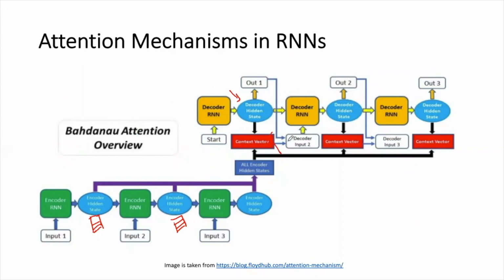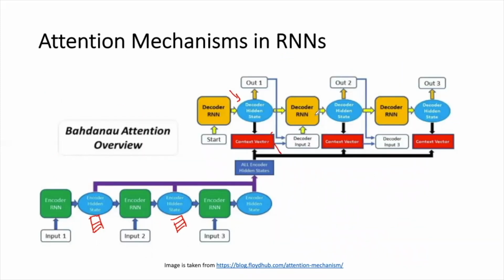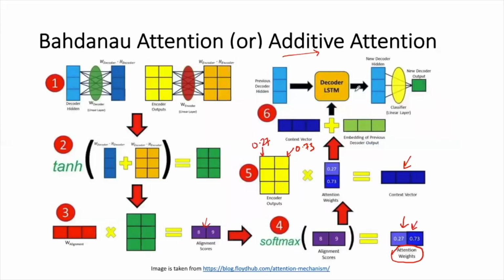So instead of just passing it as it is, here we add the context vector to the vector that was generated earlier, and then pass that on to the decoder. That's the small change that we make. Once we do that, a new decoder hidden state is generated, and from that decoder hidden state, we generate the second output word. And this goes on. So this is one attention mechanism.